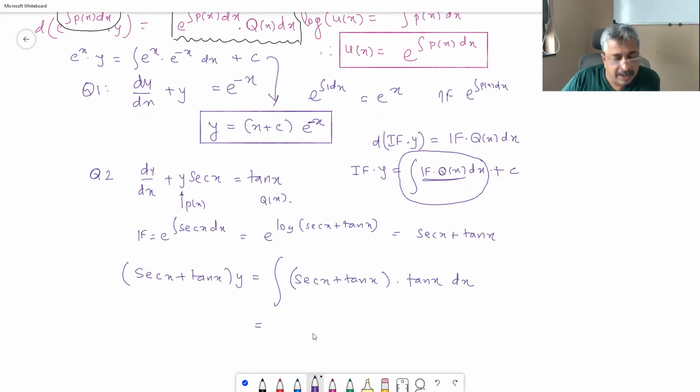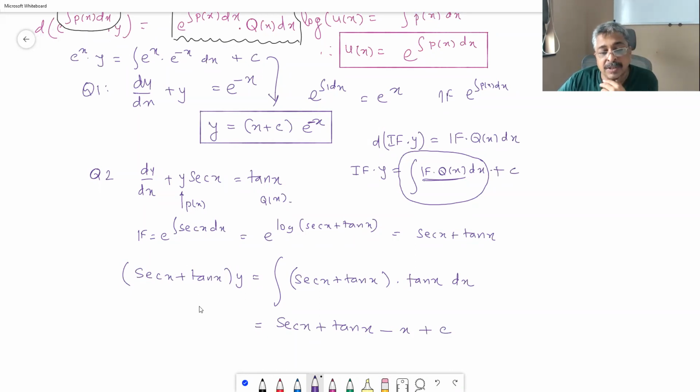Sec x tan x will convert into, integral of sec x tan x will be sec x. So the final integral after you solve this is sec x plus tan x minus x plus c.